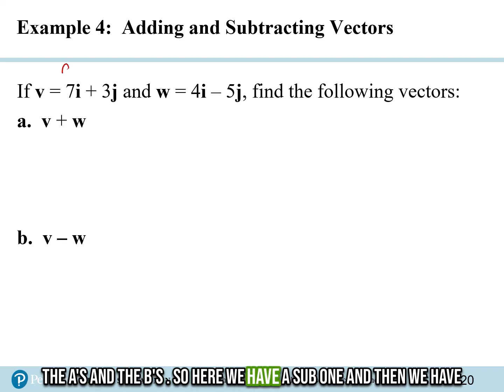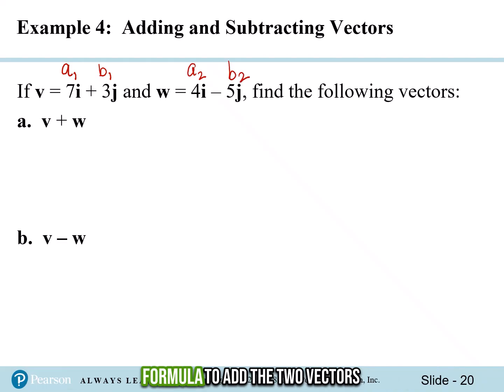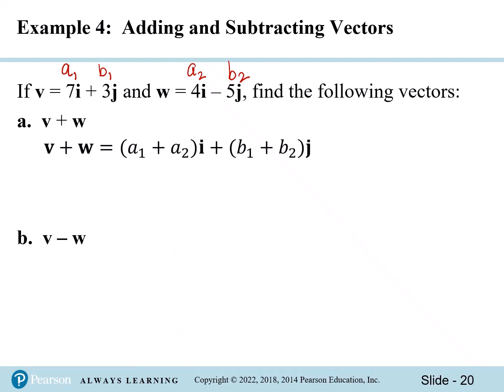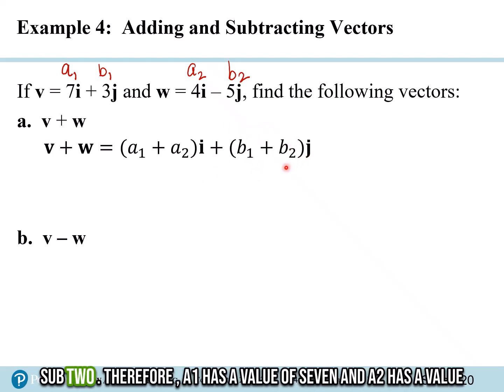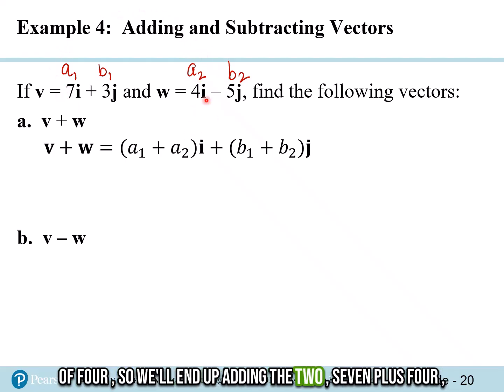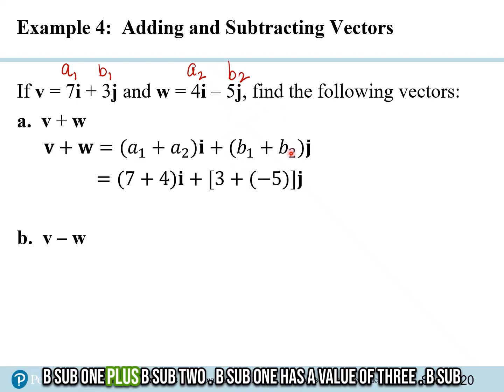So here we have a sub 1, and then we have b sub 1, and a sub 2, and b sub 2. Correct? So the formula to add the two vectors is a sub 1 plus a sub 2 times i plus b sub 1 plus b sub 2. Therefore, a1 has a value of 7 and a2 has a value of 4. So we'll end up adding the two, 7 plus 4, which will be 7 plus 4 times i, plus b sub 1 plus b sub 2.